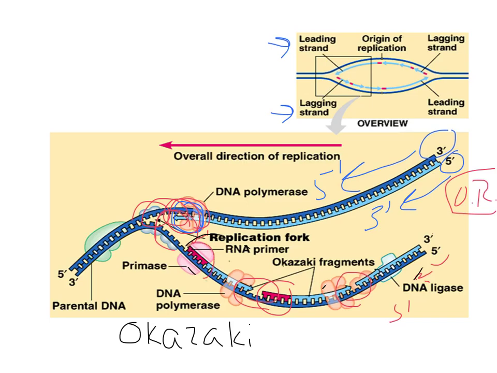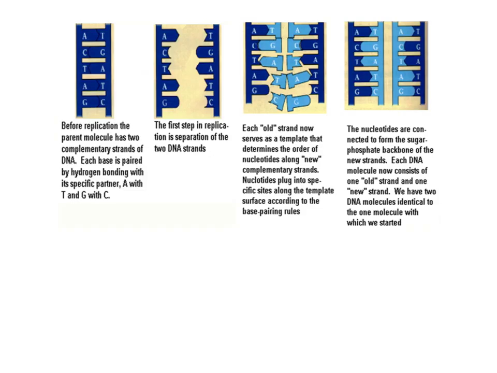And then it will essentially splice or bring together all these little small DNA strands, these Okazaki fragments. And this is done by an enzyme called ligase. So ligase is going to tie together all those little Okazaki fragments into one continuous strand, and those will be held together by covalent bonds. So this form of replication is what's called the semiconservative model.